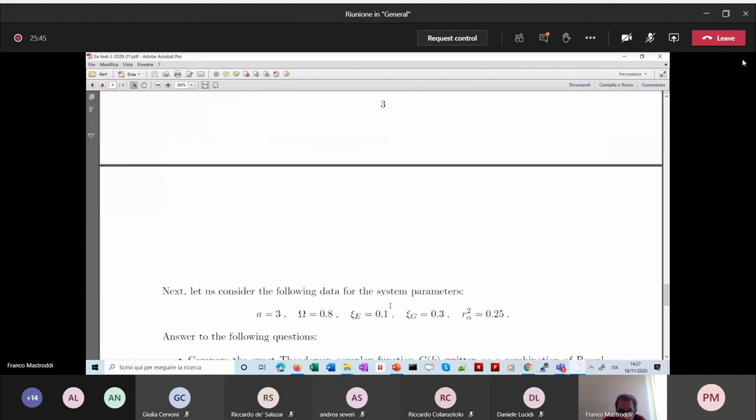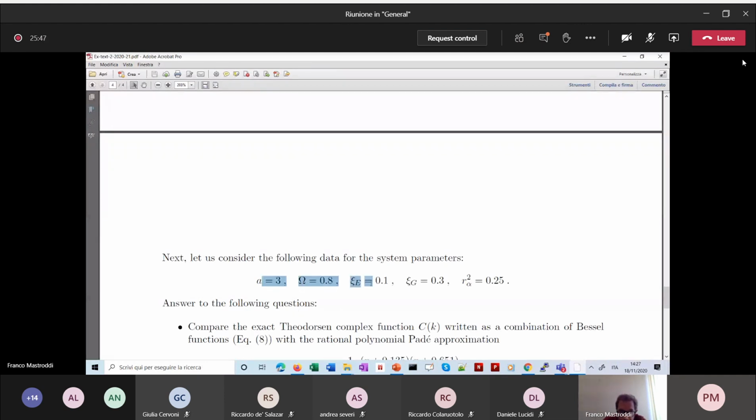And for this problem here, we have assigned these parameters. We have assigned the mass ratio and the frequency ratio. This frequency ratio is the ratio between the omega alpha frequency, the pitch frequency, and the omega h frequency.